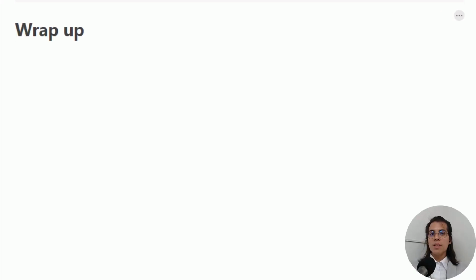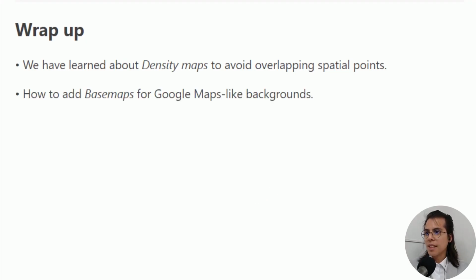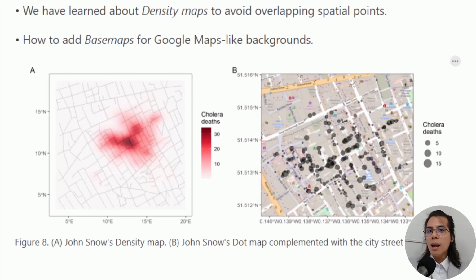Okay, so now let's wrap up. In this lesson, we have learned that density maps allow us to avoid overlapped points in spatial data. And we also learned how to add base maps for Google Map-like backgrounds. Now you are able to reproduce these two types of maps with your data.